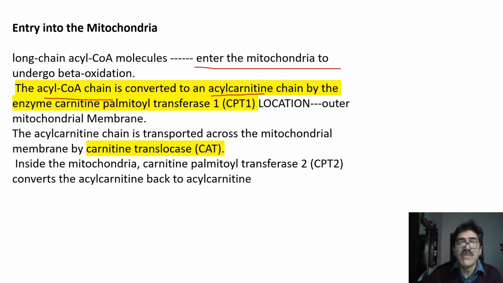So they form acyl carnitine under the enzyme carnitine palmitoyl transferase 1, CPT1. It is located in the outer mitochondrial membrane. Later on, acyl carnitine is transported across the mitochondrial membrane by an enzyme carnitine translocase.